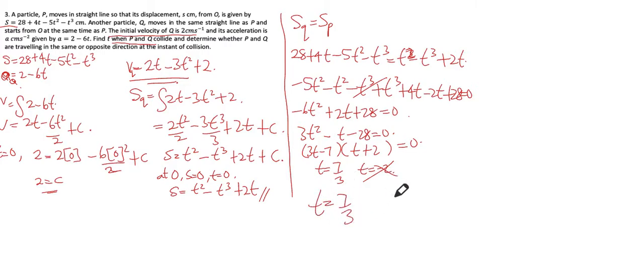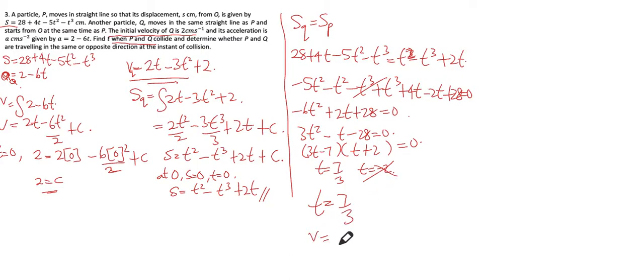If t equals 7 over 3, what is the collide difference? Let's find out. At t equals 7 over 3, the velocity is traveling in the opposite direction. Let's find out the velocity.